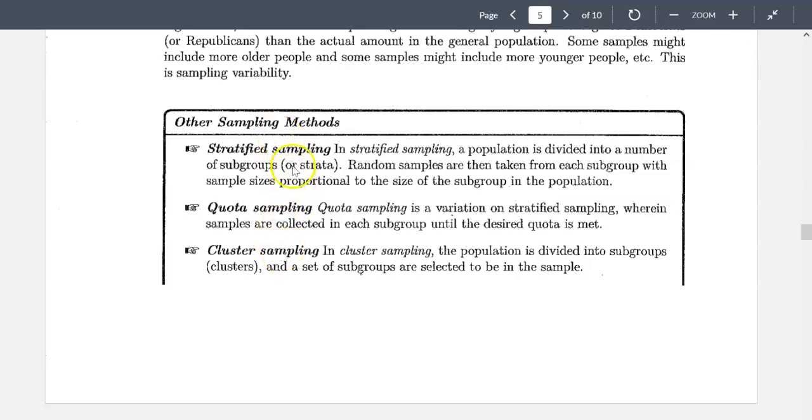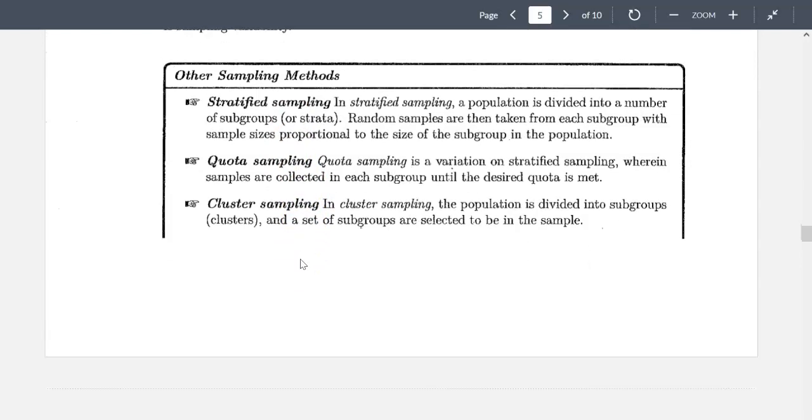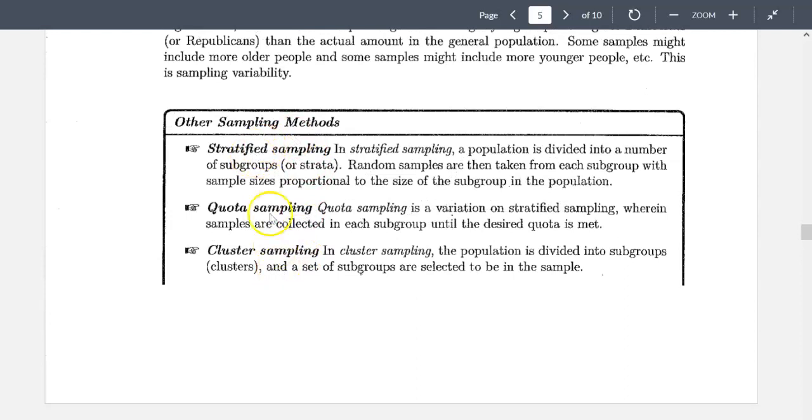So the difference is that for stratified, we ask some people from all the groups, while for cluster, we ask all the people in some of the groups. So they are the opposite of each other. But remember, both involve dividing into subgroups.